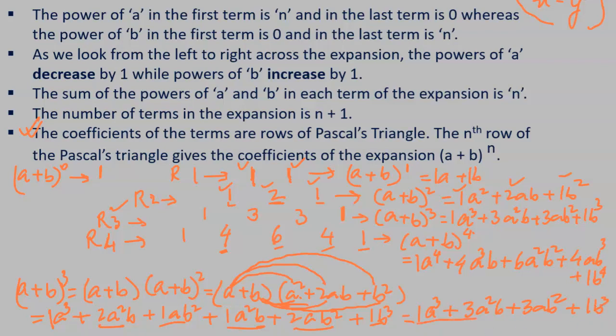So you see the expansion that I am getting by multiplying. Actual multiplication is the same as that I have got using the Pascal's triangle, the row 3 of the Pascal's triangle. Okay.